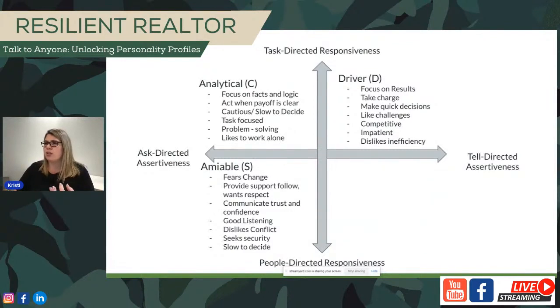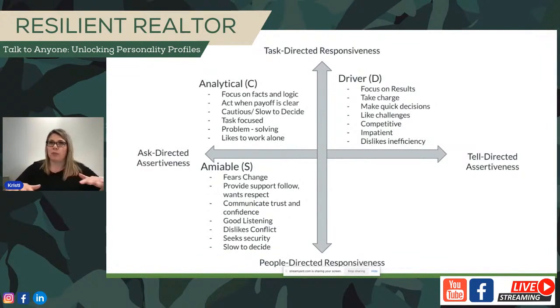They're great listeners. And they just really also seek security. So interesting enough, you're going to start to see this grid that we're building. Amiables tend to make decisions slower as well, because one of the most important things to them is stable.